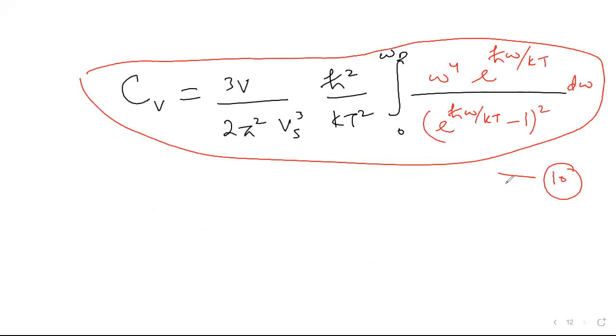CV is 3V by 2 pi square Vs cube, h bar square over kT square, integral 0 to omega D, omega raised power 4 times e raised power h bar omega by kT over e raised power h bar omega by kT minus 1 whole square, d omega. How we obtain it?